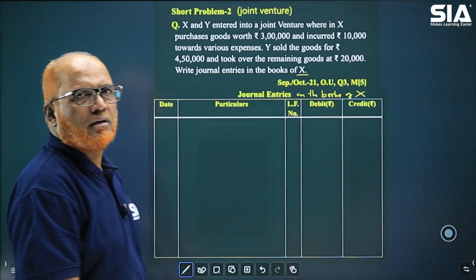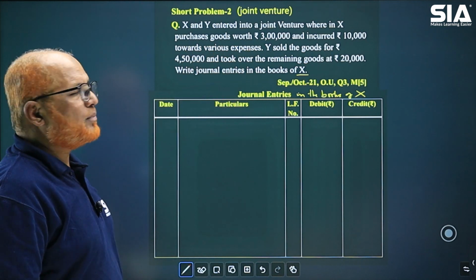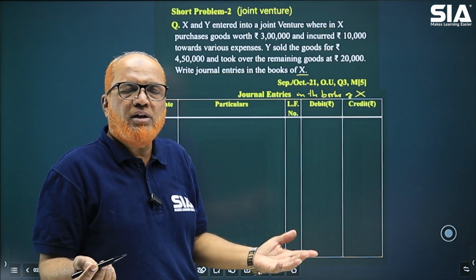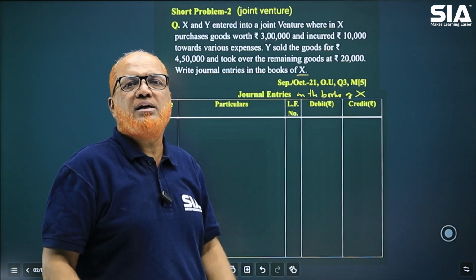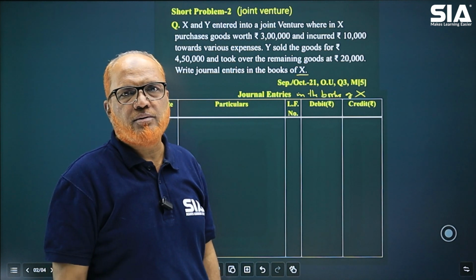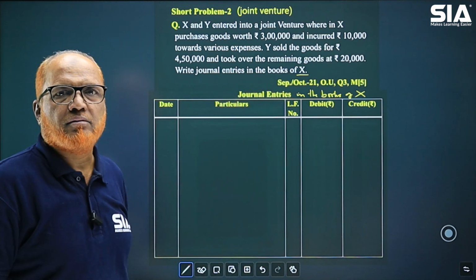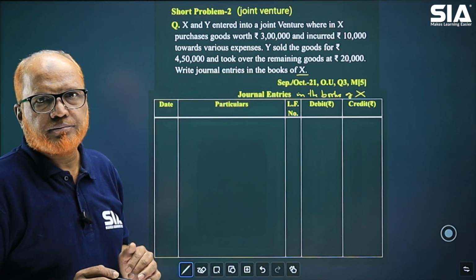First of all, X purchased goods worth rupees 3 lakh. For what has he purchased? For joint venture he has purchased. So here we have to debit joint venture account and credit bank account, because X is purchasing from his own pocket. Right?